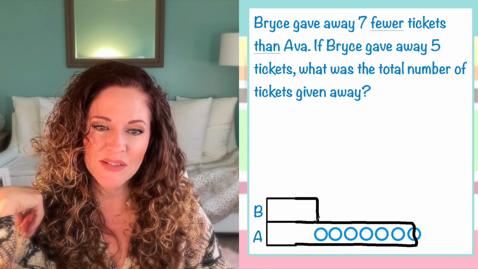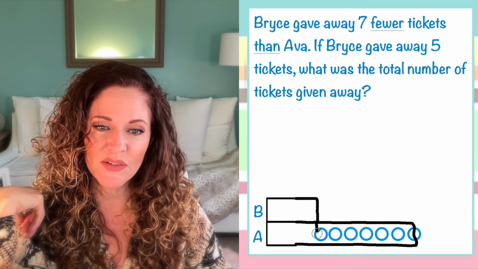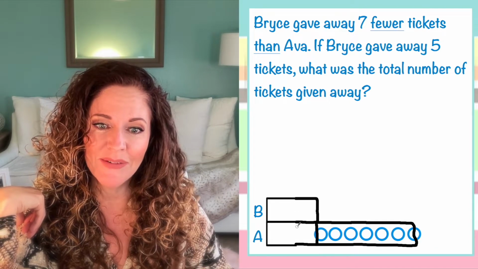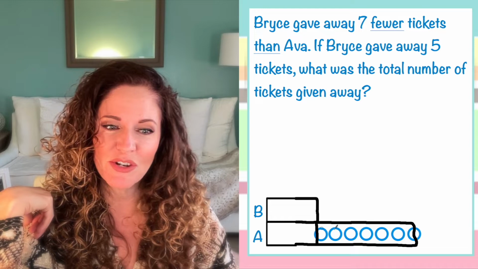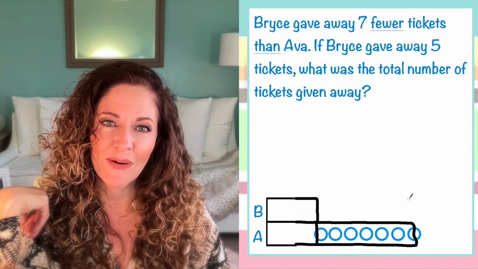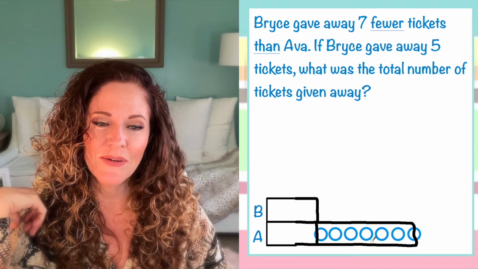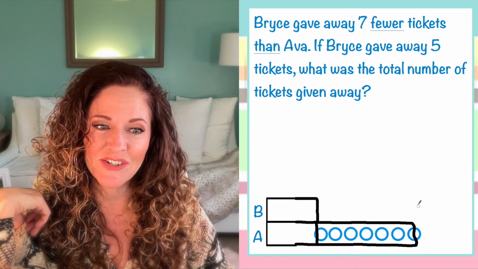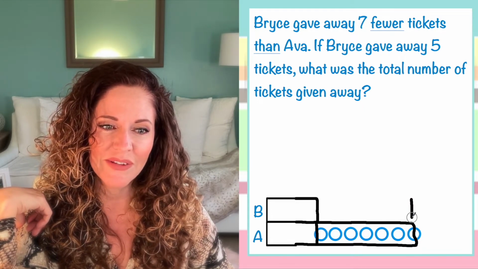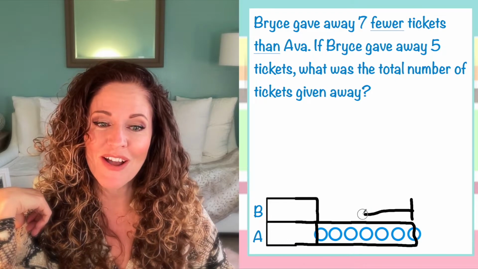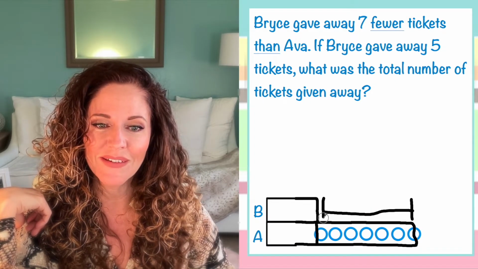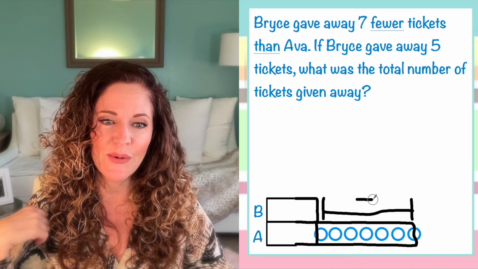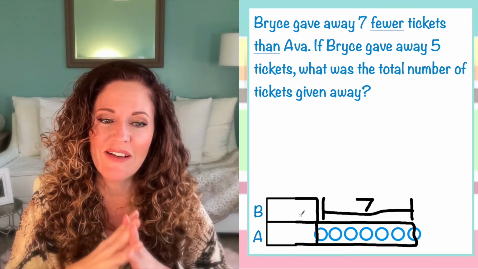Remember how last week we talked about how we have one box that shows what they have that's the same amount, and then we have another box that will show the extra or the fewer? Go ahead and do that. Ava gave away 7 extra. And while you're doing that, I'm going to draw our fewer line. So I know that Bryce has 7 fewer.